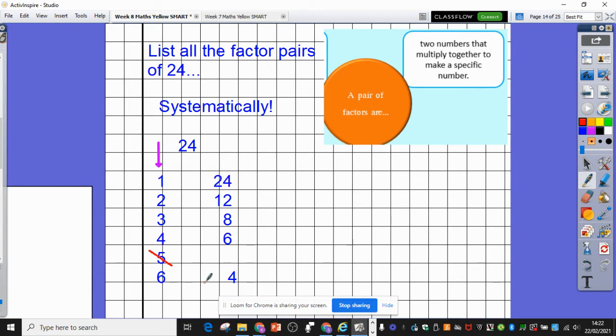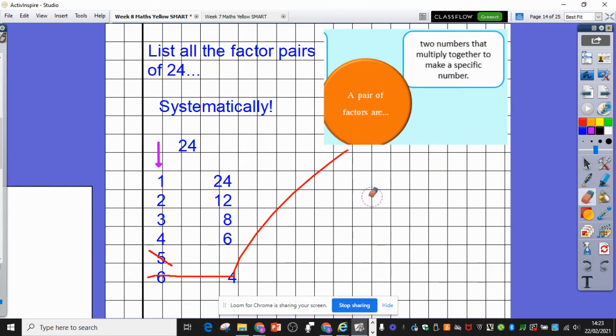However, I know that 6 times 4 is 24, but we've already got that there. So once you start to see the numbers, when you get to this point where you've got 4 times 6 and then 6 times 4, where the factors are transposed, you know that you have got all the factor pairs, so you don't need to do that one. Nor need you do that.